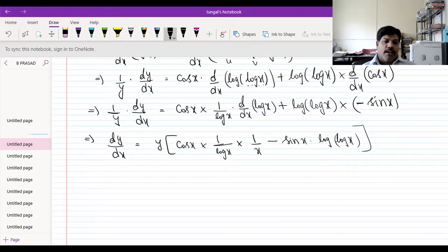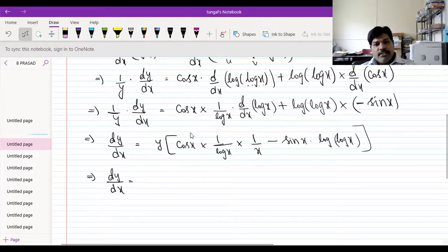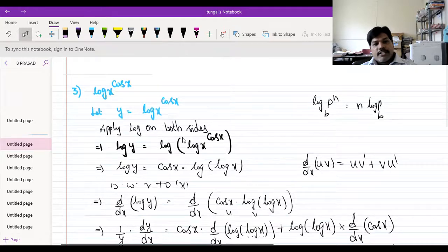So here what we will get, students, that implies dy by dx is equal to, what is the y value you have taken? Y value is nothing but log x power cos x.